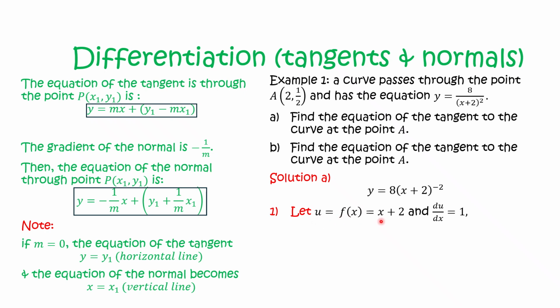So we let u be equal to f of x, the inner function within the brackets. So u is equal to x plus 2, implying that du/dx is equal to 1. The second step, this would imply that our y is now equal to 8 times u to the power minus 2, because we have substituted u for x plus 2.